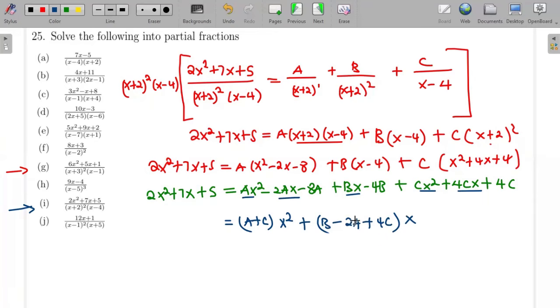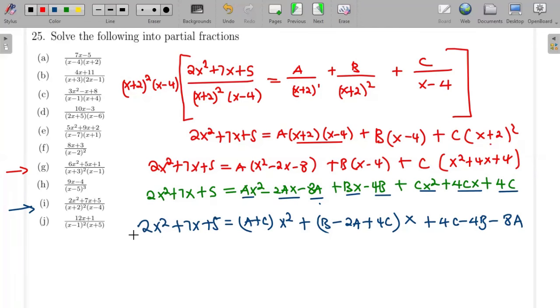And then those without any x, it is this, this, and that. So I'll start again with the positive one, 4C, and then I write minus 4B, and then minus 8A. Okay, so this is equal to 2x squared plus 7x plus 5.